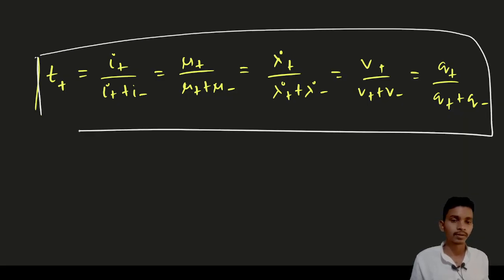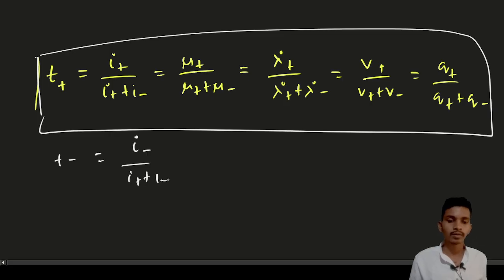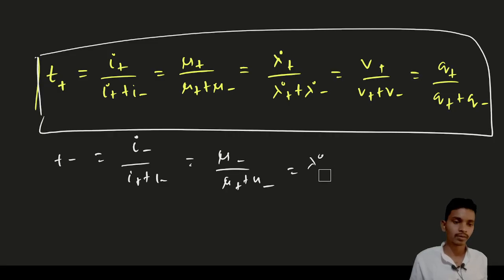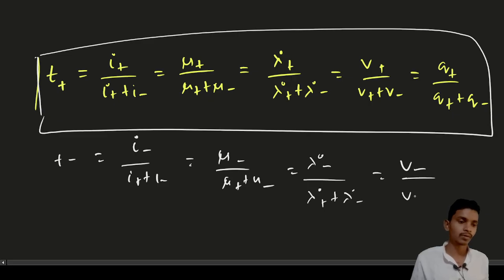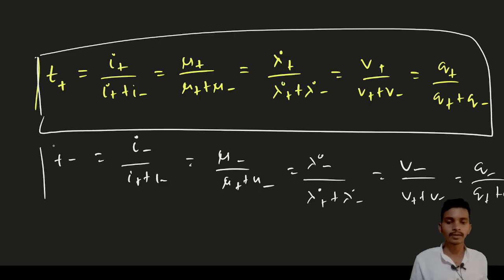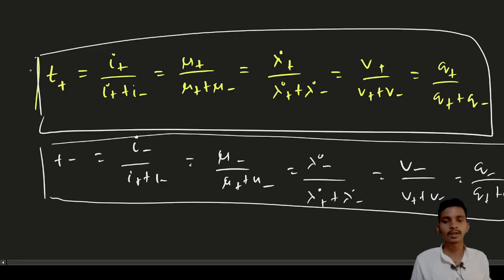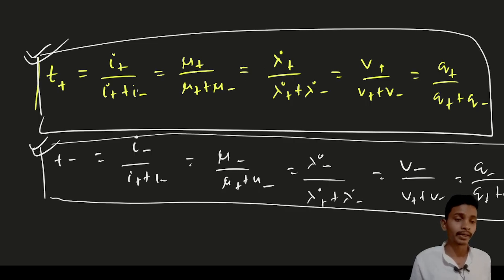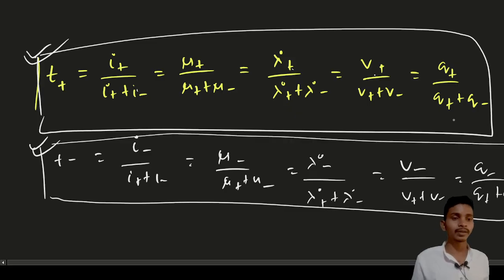Similarly for anions also. So this is the relationship of transport numbers with currents, with ionic mobility, with ionic conductivity, with speeds, and with charges. This relationship you have to remember for the transport number.